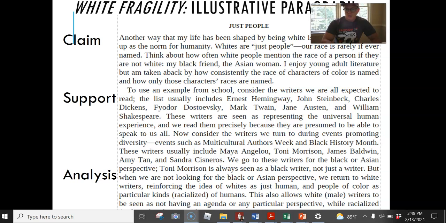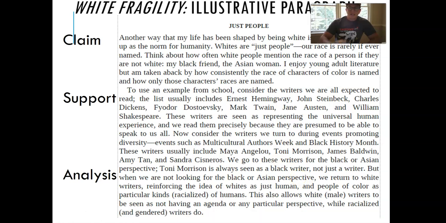But when we're not looking for the Black or Asian perspective, we return to white writers. The idea of whites as just human, and people of color as particular kinds, racialized kinds of humans. This also allows white male writers to be seen as not having an agenda or any particular perspective, while racialized and gendered writers do."